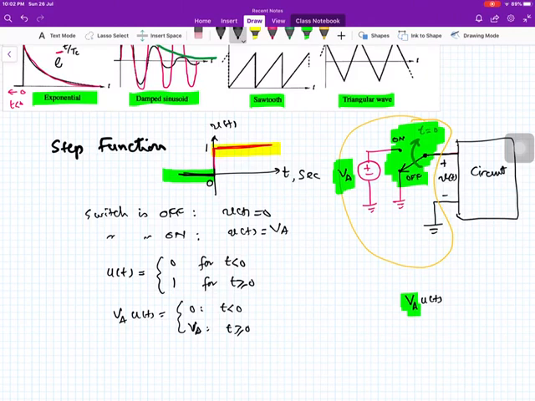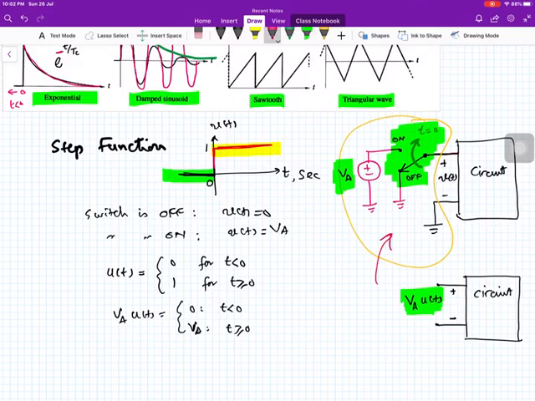Now, as you know, in circuit analysis we express our circuit in mathematical equations. Therefore, if we express the input to the circuit like VA u(t), this is the mathematical representation of whatever we see over here with the switch mechanism.